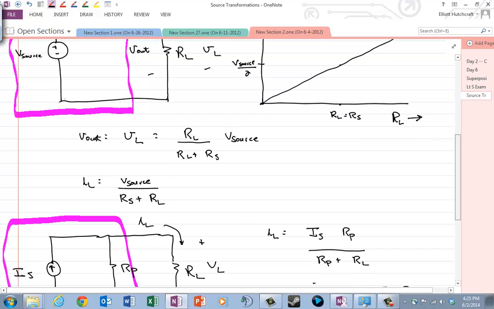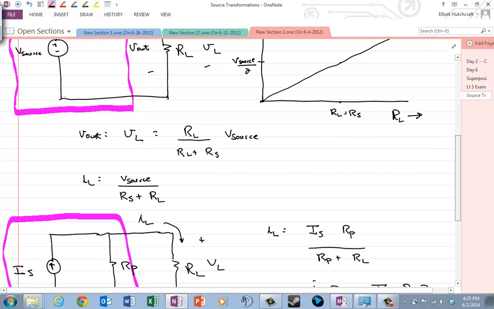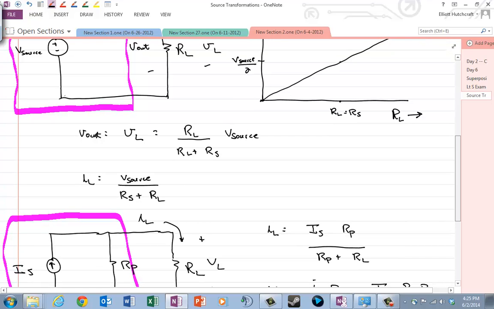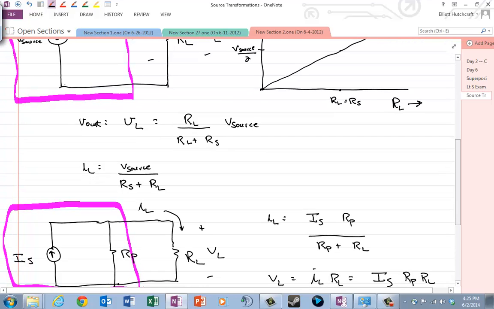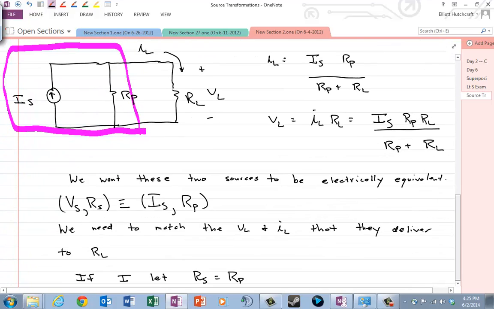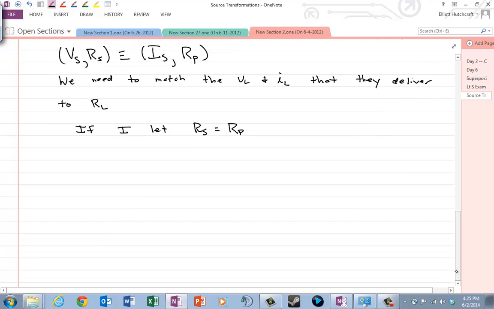VL was RL over RL plus RS times V source. Now I'm just going to make that simpler and just call it VS now. So I just have that.